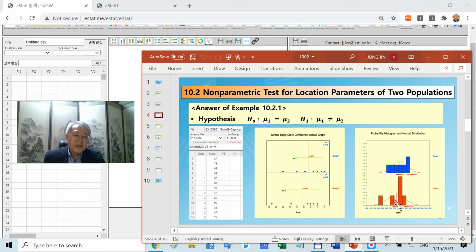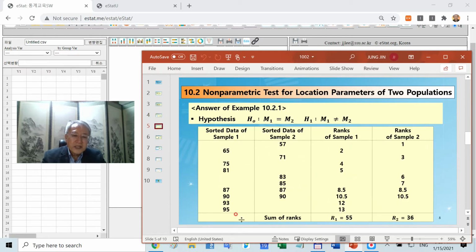Well, it doesn't look like a normal distribution. Therefore, you are not supposed to apply the t-test in chapter 8. How can you do that?